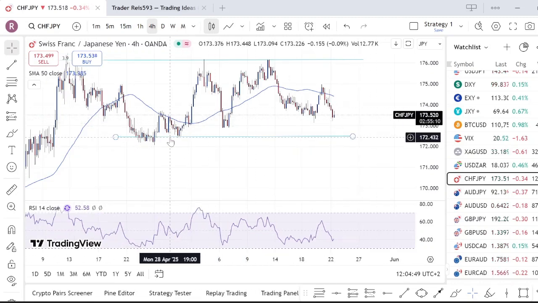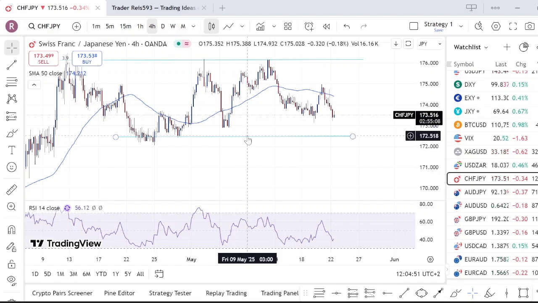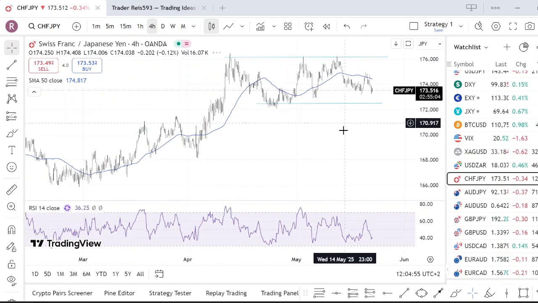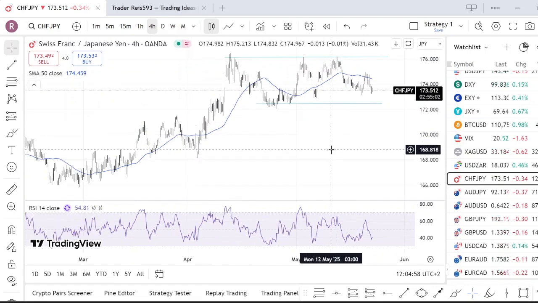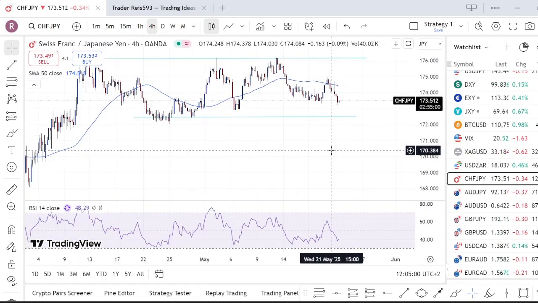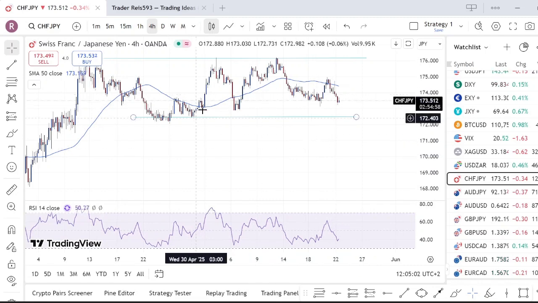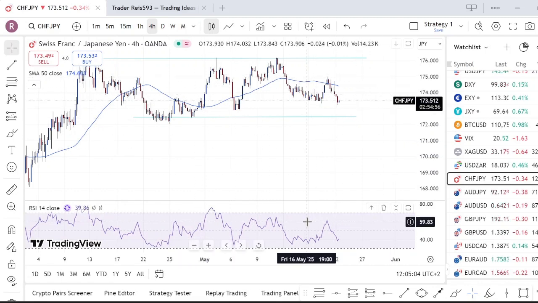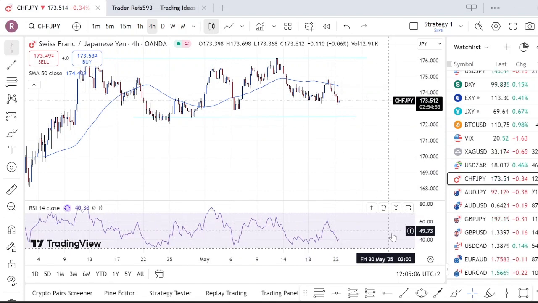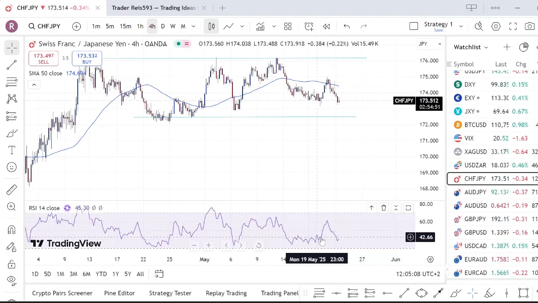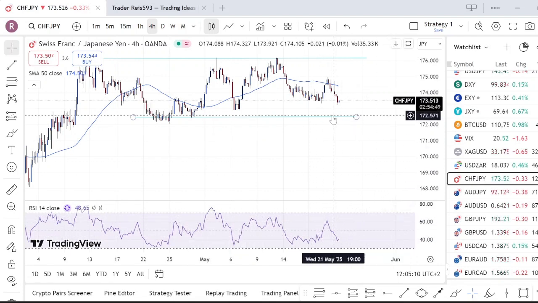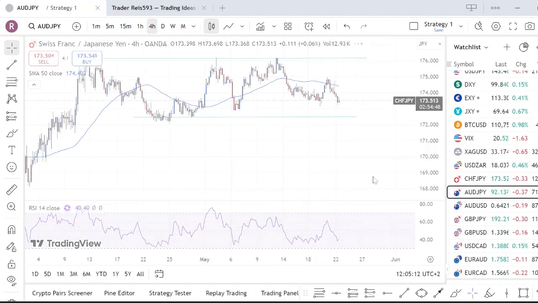It's not exactly respecting support levels. It's respecting resistance though, but we are on a downside move, and I more or less want to trade this on the upside. Per the indicators, we're not really respecting the 50 SMA at the moment. We're breaking in and out of the sweet spot zone on the RSI, and for that reason, I'm staying out of this market.